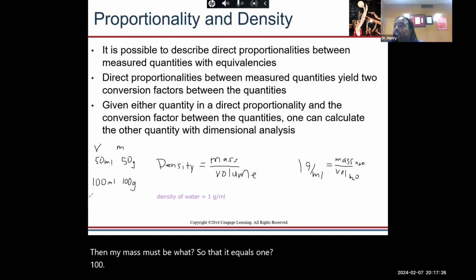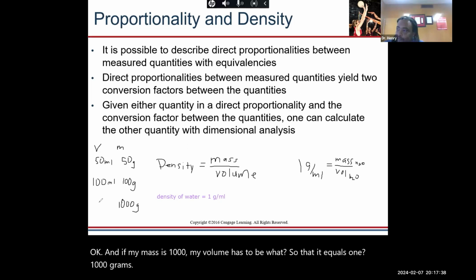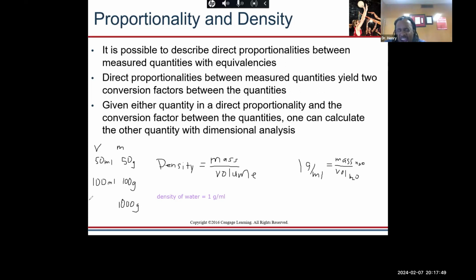And if my mass is 1,000 grams, my volume has to be what, so that it equals 1? 1,000, that's right. So it'd be 1,000 milliliters.